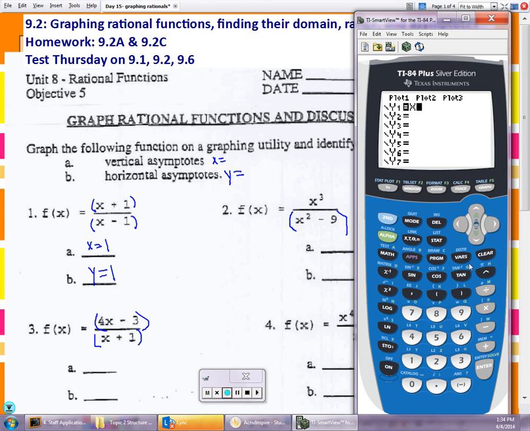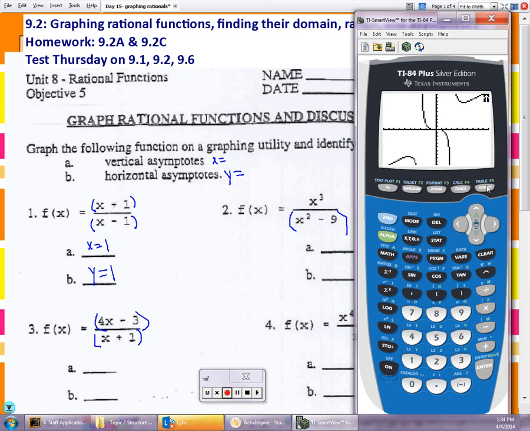I've got x cubed. I don't need parentheses again because it is a monomial and there's no coefficient, divided by x squared minus 9. When I look at the graph for this function, it's kind of funky looking. It doesn't appear to have any horizontal asymptotes, but there looks like there could be 2 vertical asymptotes here at -3 and +3.